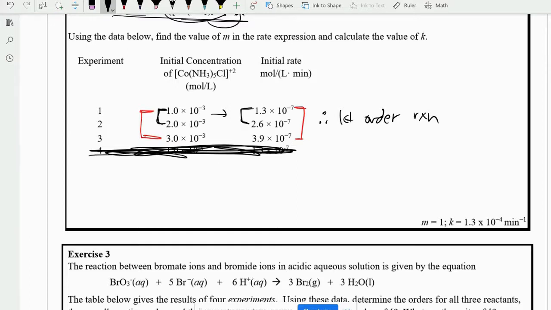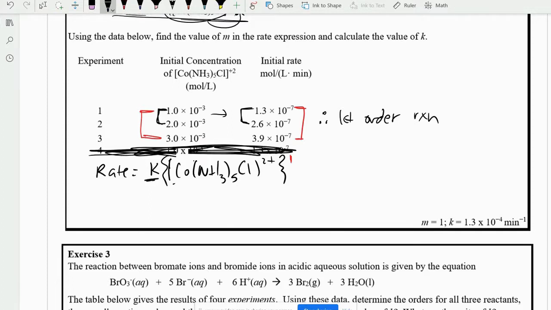Now you know what the value of m is in the rate expression. So let's go ahead and rewrite it. Now that you've determined the order of the reactant, you can actually solve for k, right?